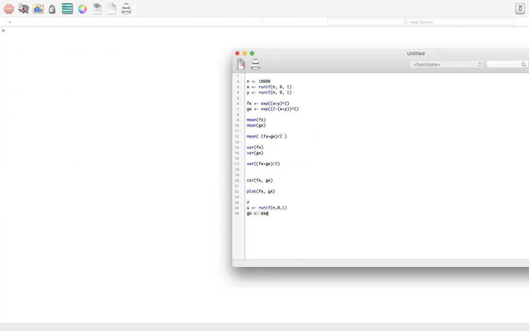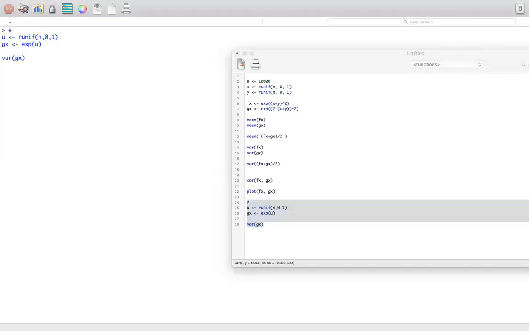G(x) is exp(U). So we want to find the variance of G(x). Very simple.